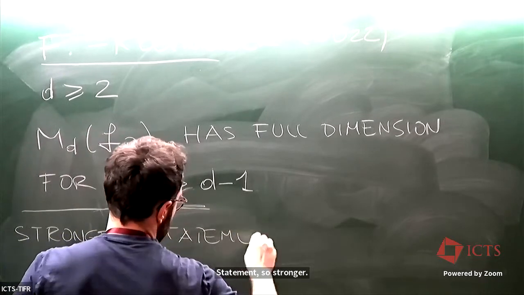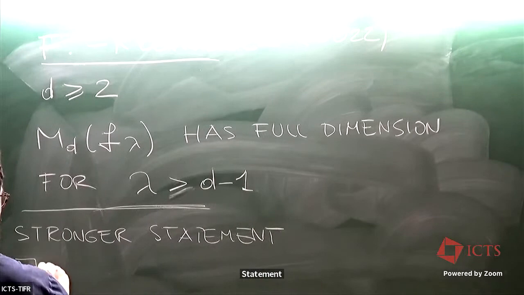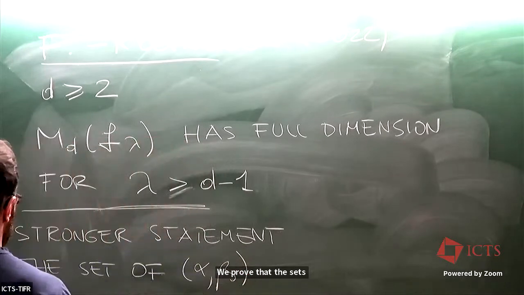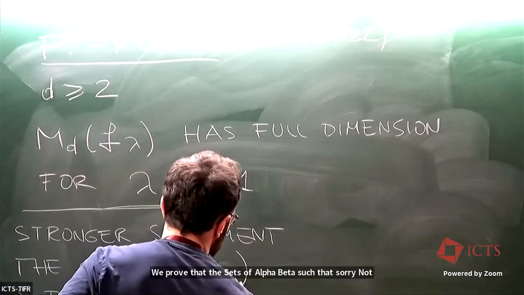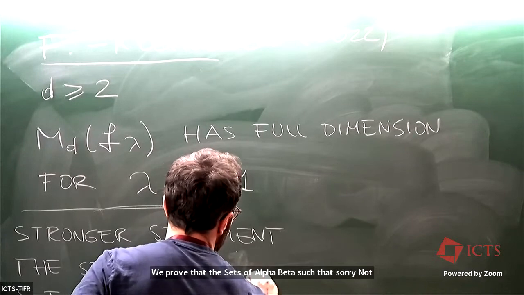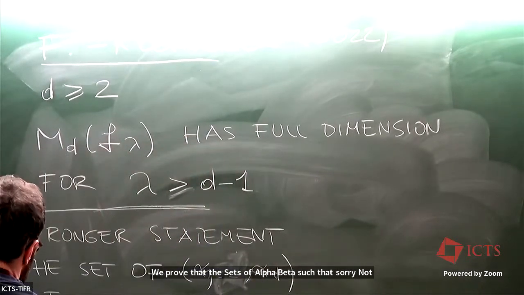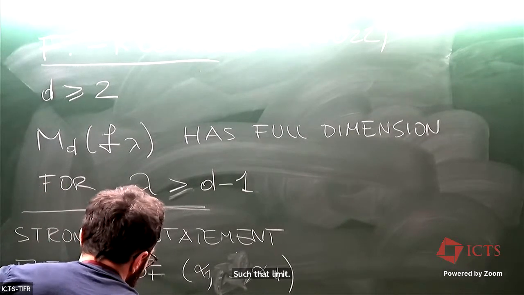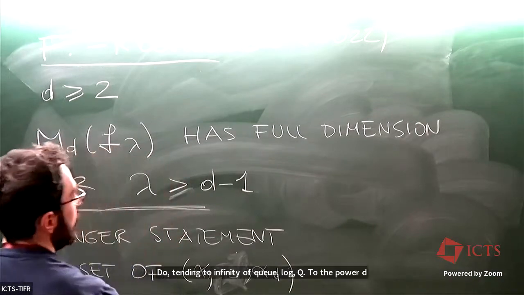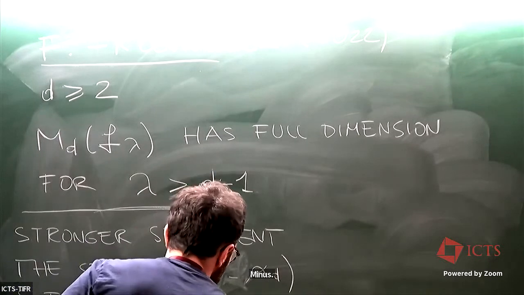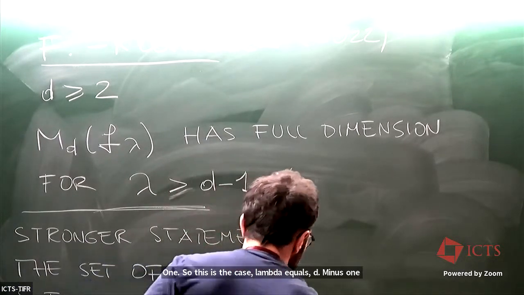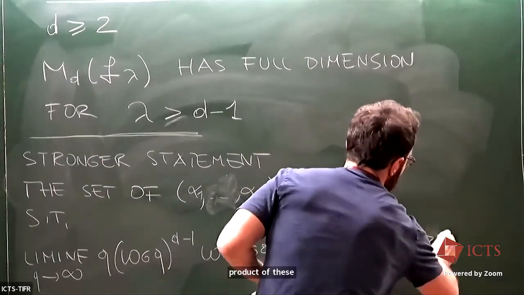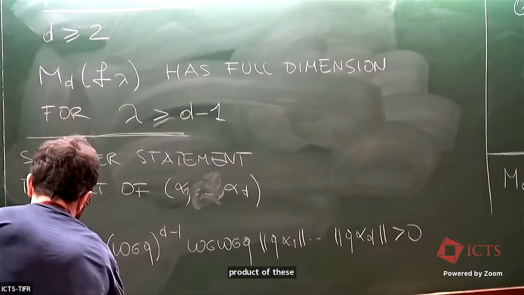We proved that the set of alpha 1 dot dot dot alpha d such that the limit, q tending to infinity, of q log q to the power d minus 1, so this is the case lambda equals d minus 1, with an additional factor log q, times the product of these fractional parts is positive, has full dimension.